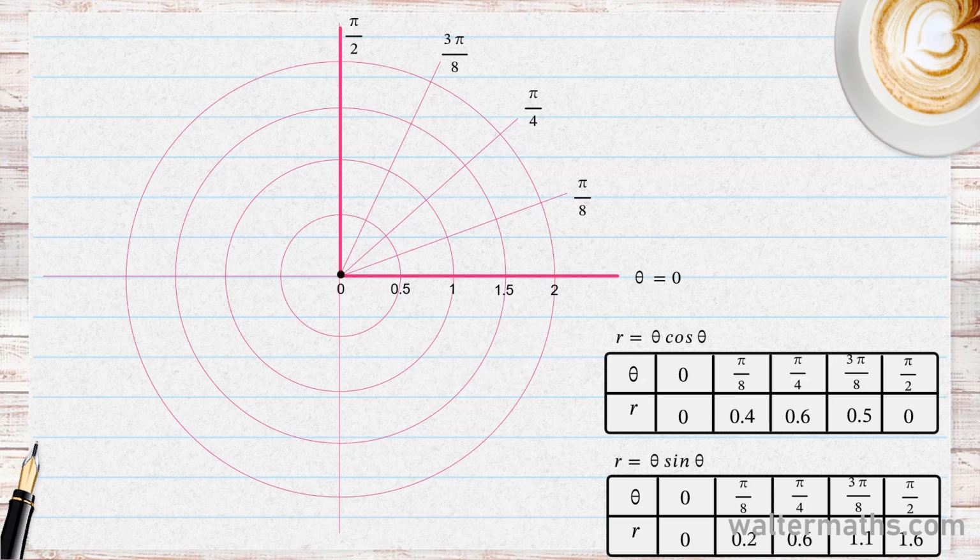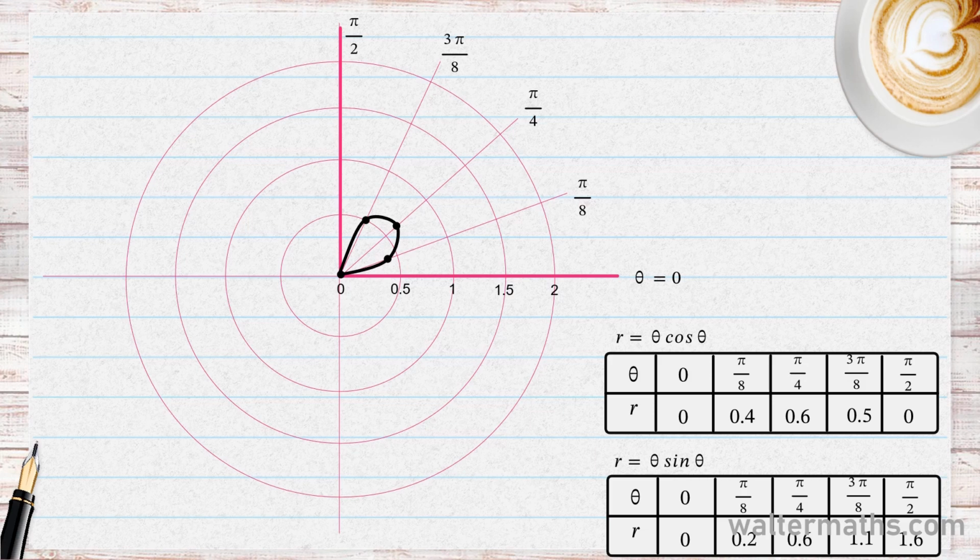When theta is pi over 8, then r is 0.4, so the point should be this one. For pi over 4, we have r being 0.6, so we can put the point right here. 3 pi over 8 for theta has a corresponding r value of 0.5, so the point should be here. And lastly, when theta is pi over 2, r is 0, which means we come back to 0. So if we join these points, then the graph will come out like this.